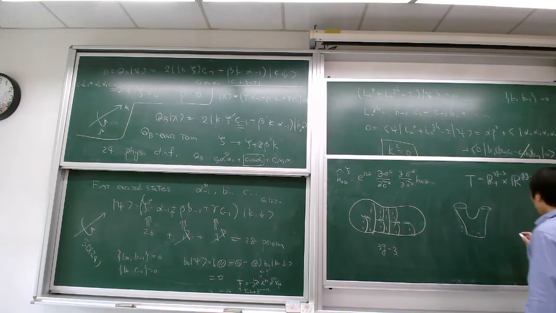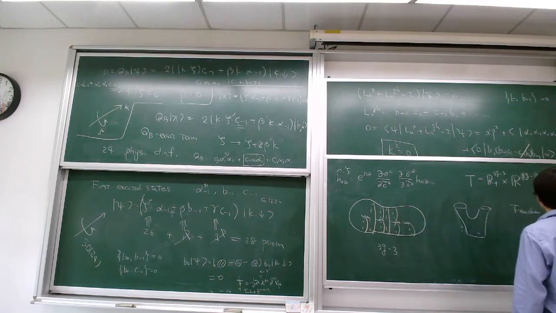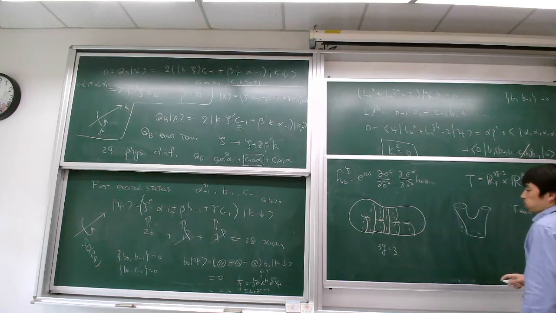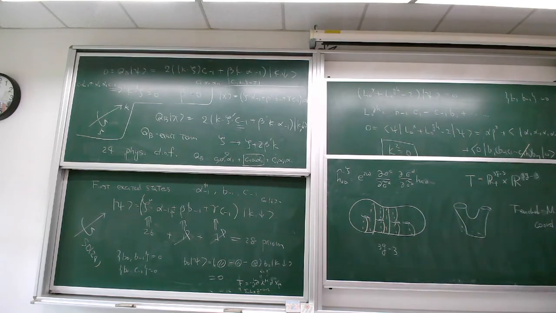It's called Fenchel-Nielsen coordinates. One can introduce a unique hyperbolic metric on a Riemann surface of genus greater than 1.